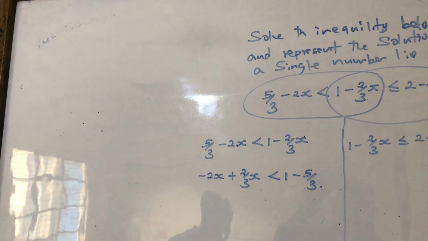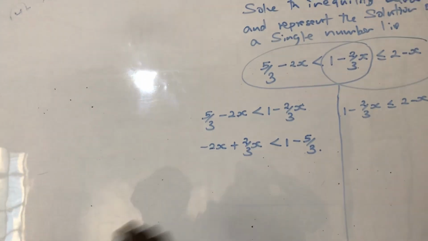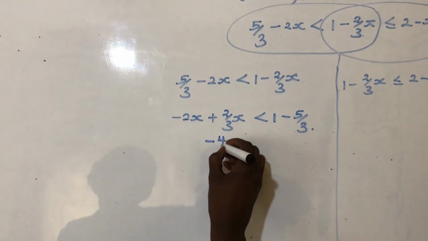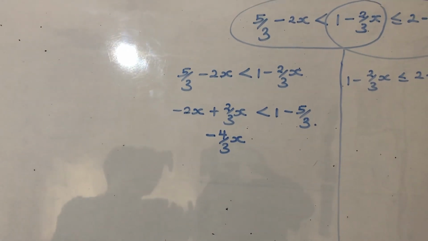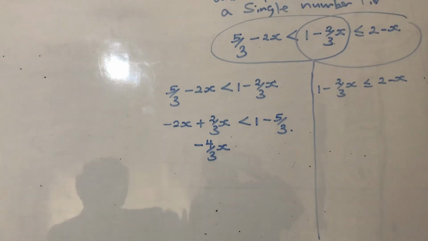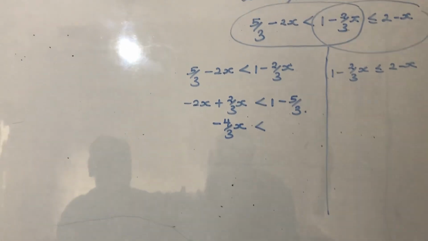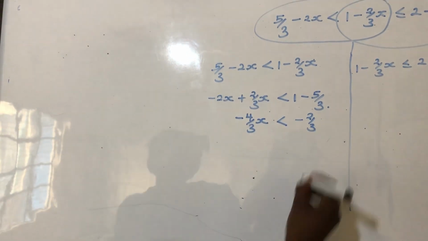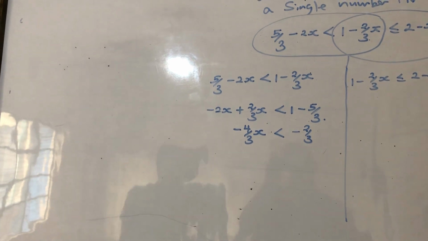If you engage your calculator, negative 2 plus 4 over 3 gives you negative 4 over 3 of x. It's less than 1 minus 5 over 3, which should give us negative 2 all over 3.